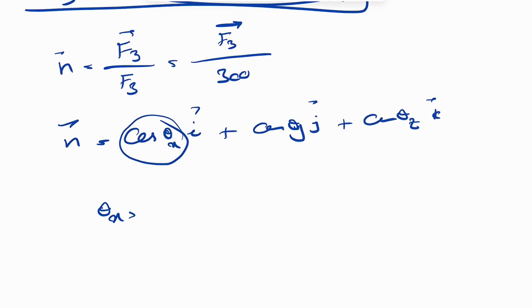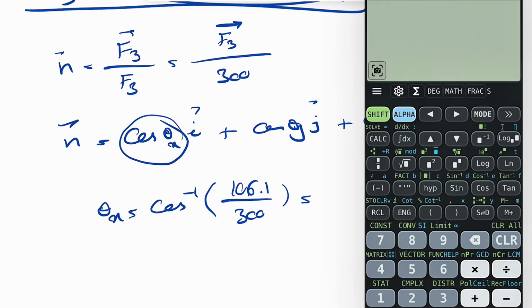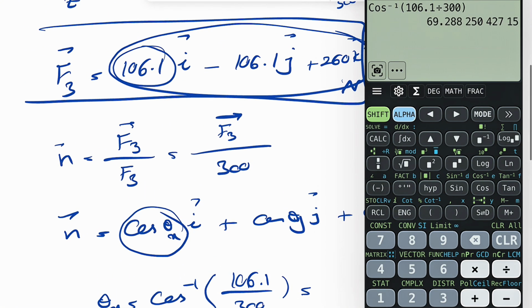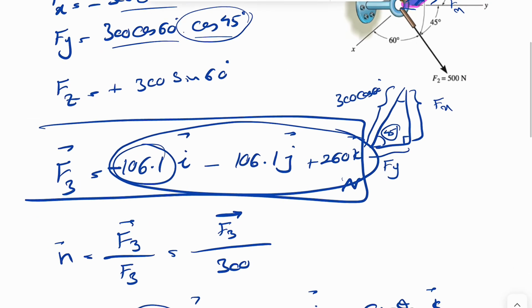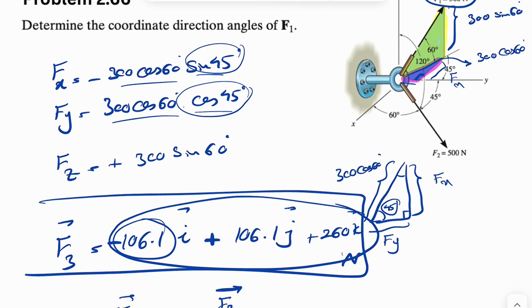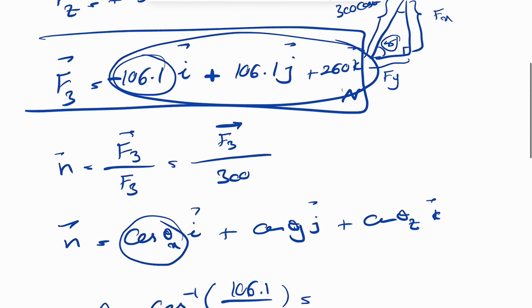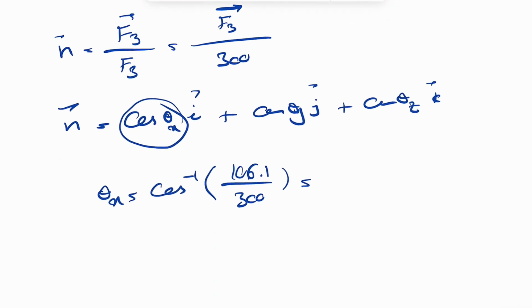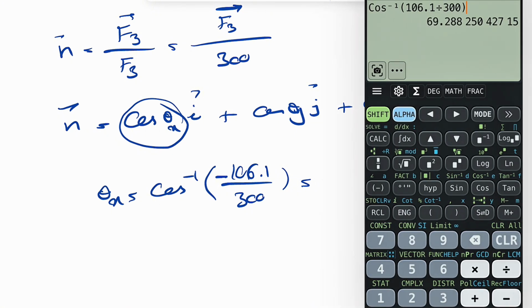Let's start with theta x. We basically have cosine inverse of that value, 106 over 300. Let's see what we get. So cosine inverse of 106.1 divided by 300. One thing I forgot to put here, this is actually negative. As we talked about, the x is negative, y is positive. So we have a negative sign in here, which means it's going to change our answer a bit.